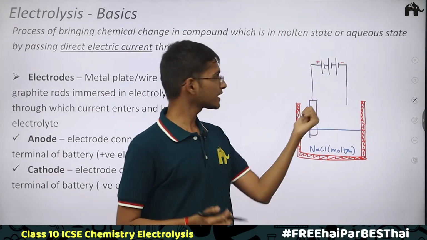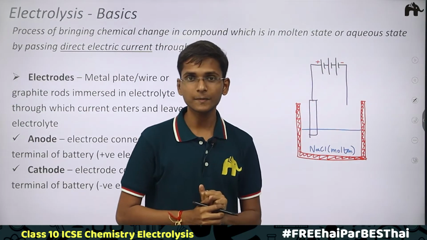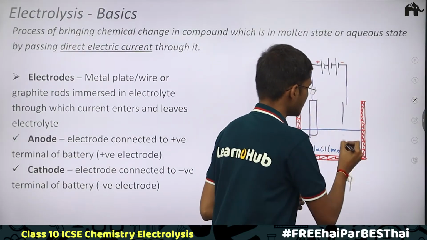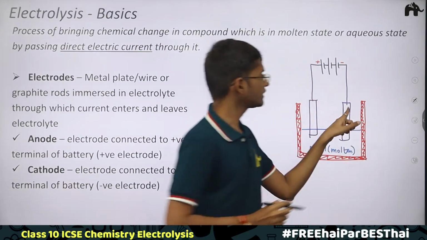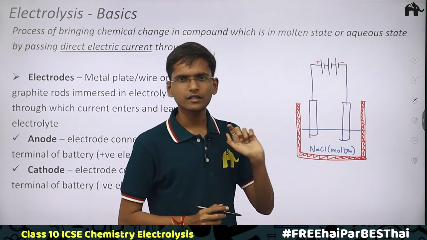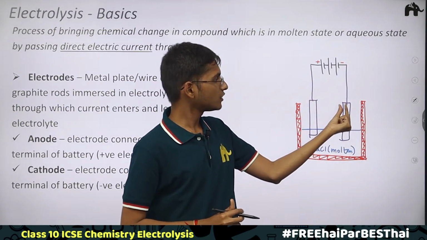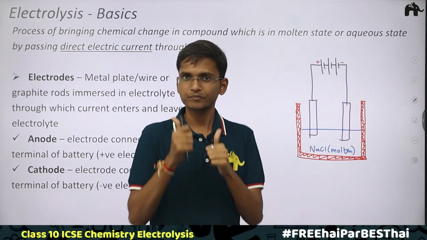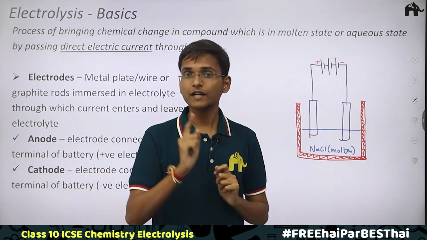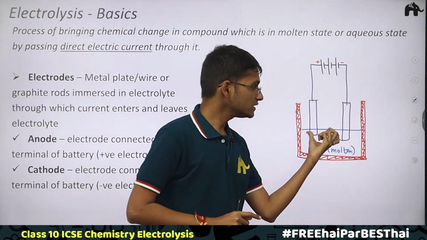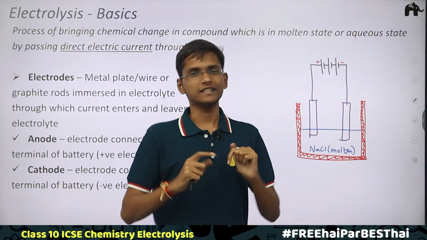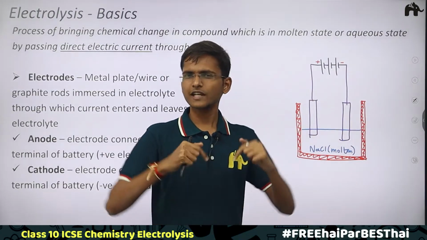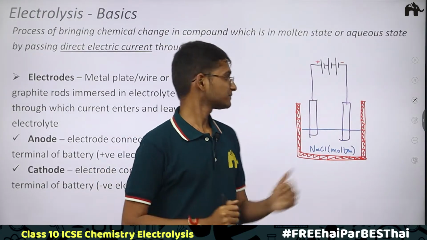So I can say that I have connected this rod to the positive terminal of the battery, and I would take another rod and connect it with the wire to the negative terminal of the battery. So I can simply say that I have connected this rod to the negative terminal of the battery. Clear? And at the same time, I would make sure that both these rods are dipped in the electrolyte, just like French fries in the sauce.